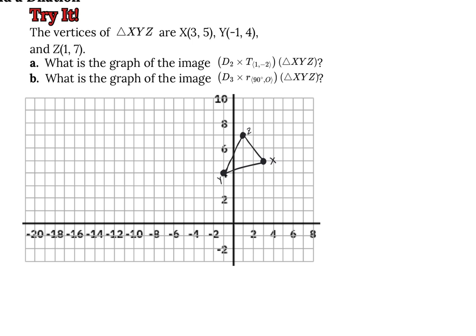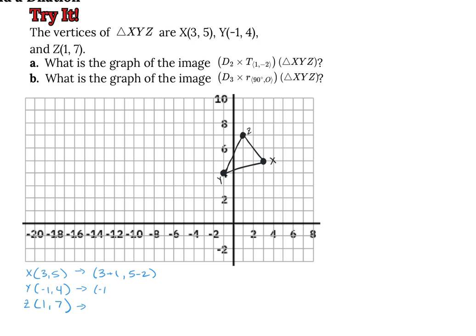So I have my original coordinates, X, Y, Z. For my translation, I add 1 to X and subtract 2 from Y. Do the same thing for each of these.